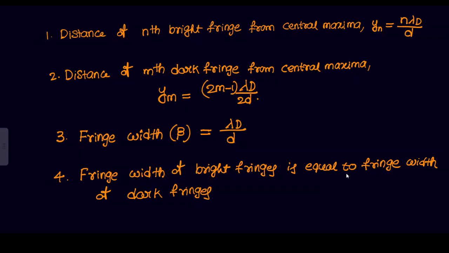That means beta, the fringe width for the bright, is also equal to the fringe width for the dark.